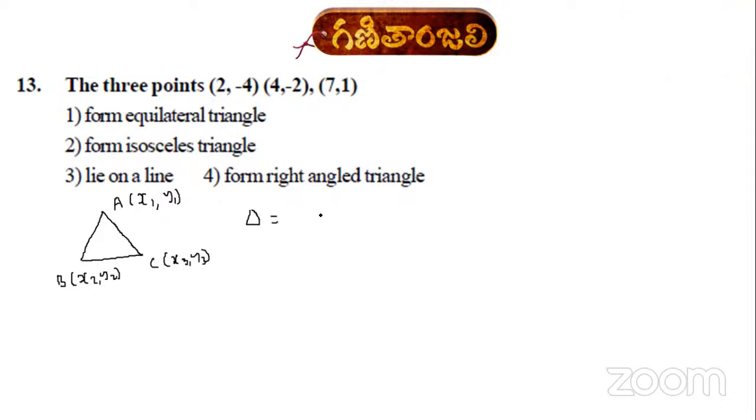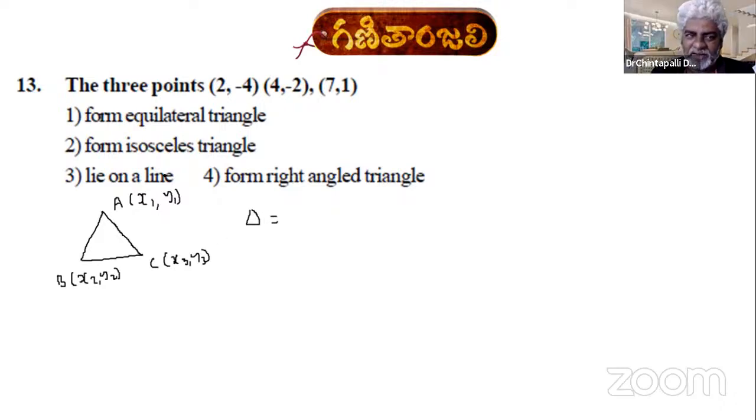We have a formula to find the distance between 2 points in the coordinate system: the square root of (x2 minus x1) whole square plus (y2 minus y1) whole square. (y2 minus y1) by (x2 minus x1) is the slope. These are coordinate geometry formulas only, right?